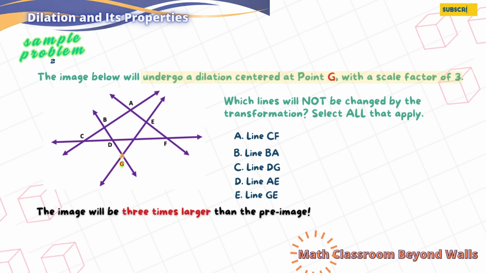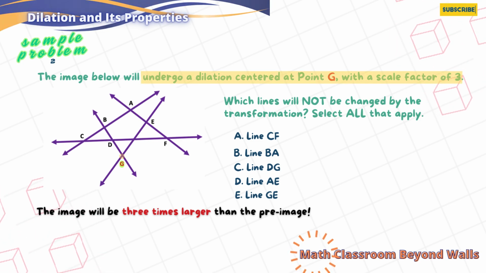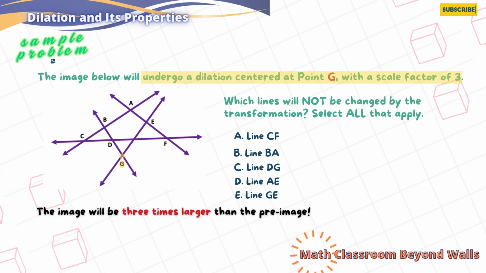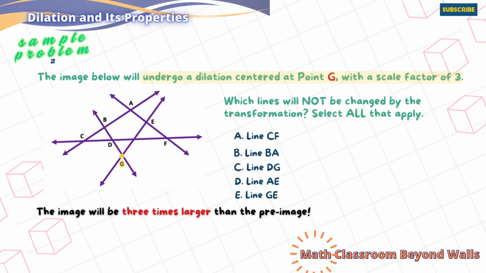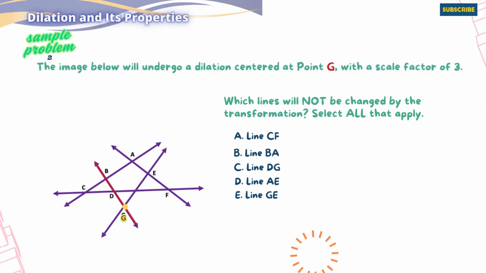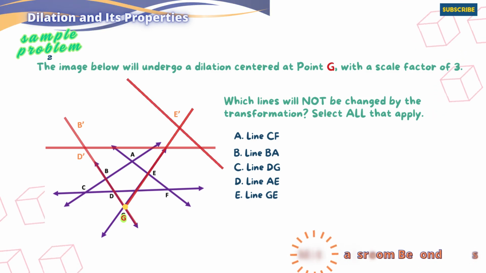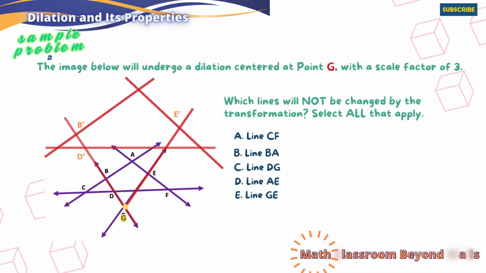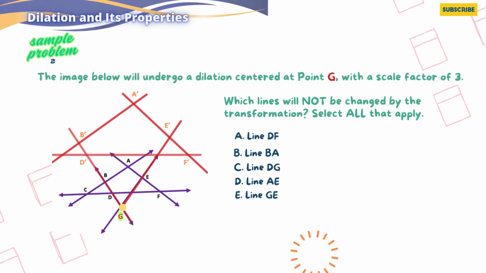Take note that we are asked which lines will not be changed by the dilation. Let us try stretching the figure centered at point G and see what will happen. What did you observe, learners?